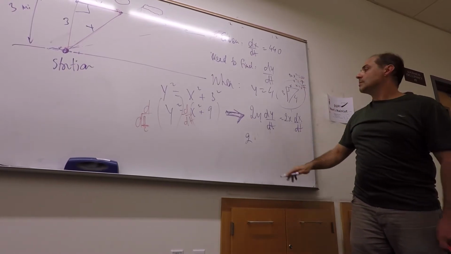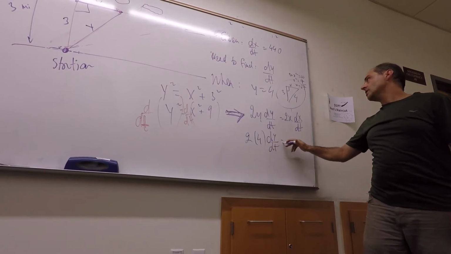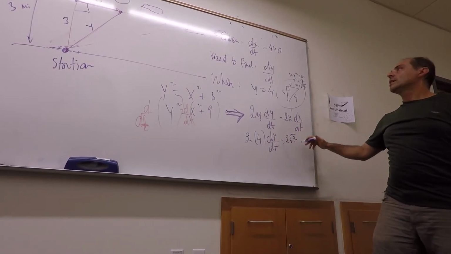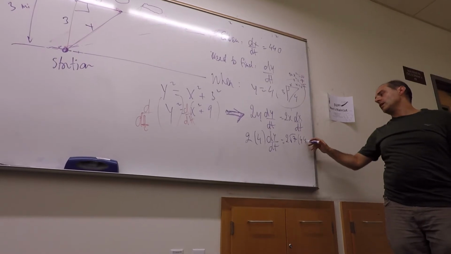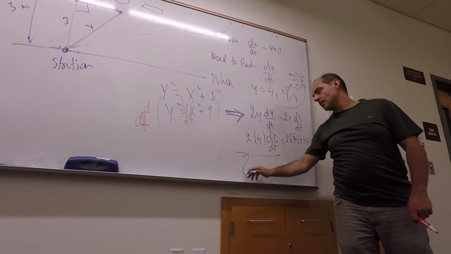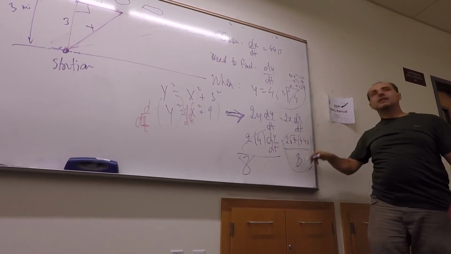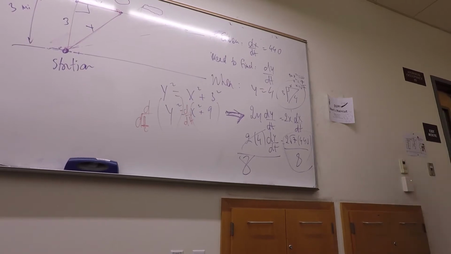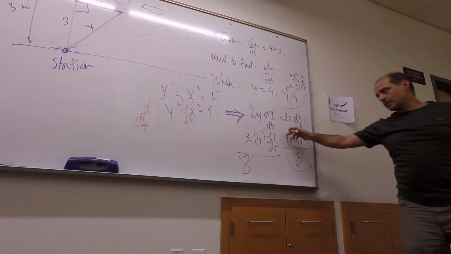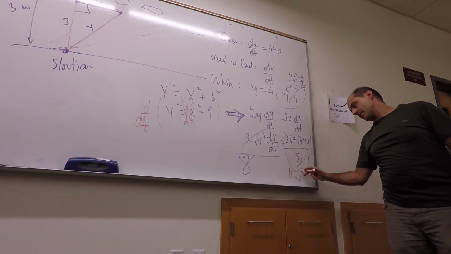So 2 times y is 4, dy dt we need to find, x we figured out is radical 7, and dx dt is 440. So this is an 8, right? We divide by 8, and we may cancel something. Does that make sense? You can make this 4, and you can cancel that as 110 maybe.